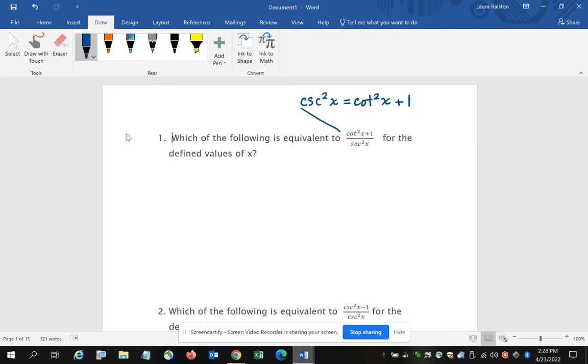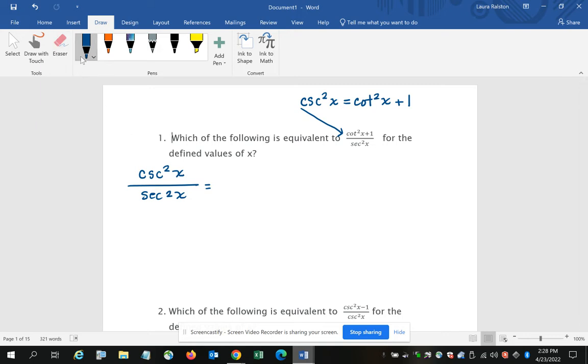So we're going to substitute into cosecant squared x over secant squared x. Now you may think, well, that didn't really help me because we still have two trig functions, but it does help me in the sense that I no longer have the sum. I don't have cotangent squared plus 1. I have just a single trigonometric function.